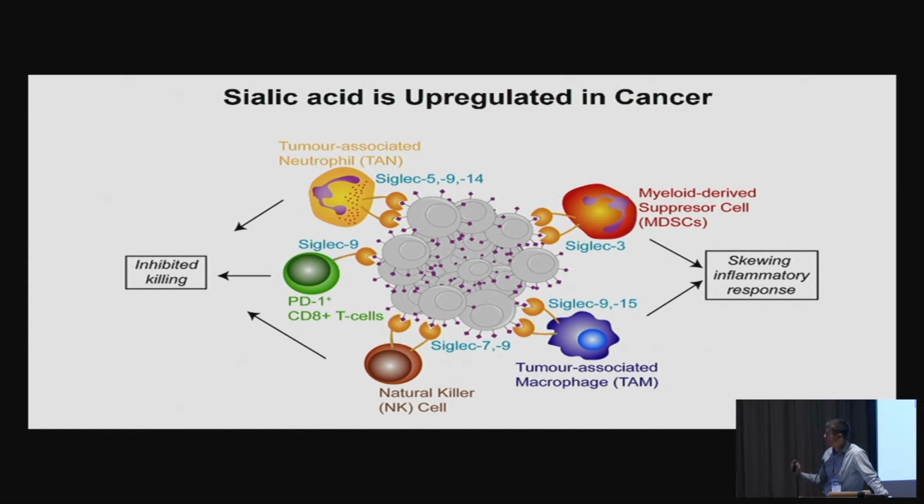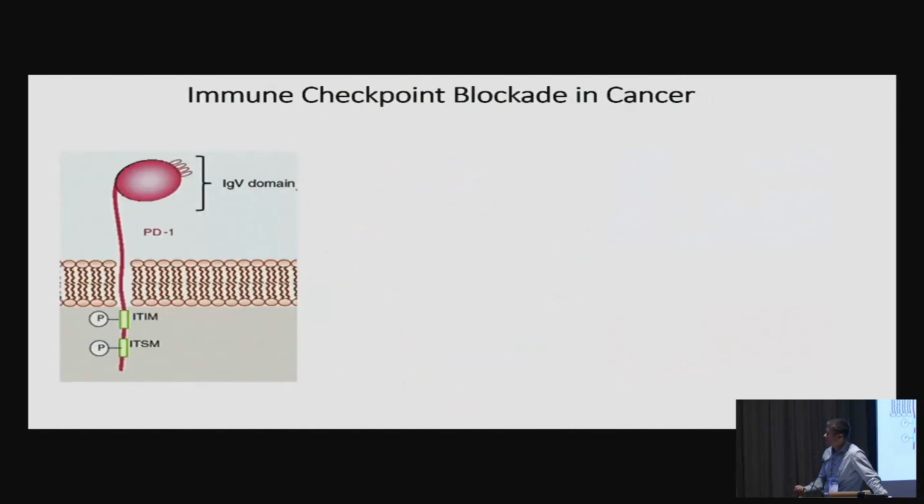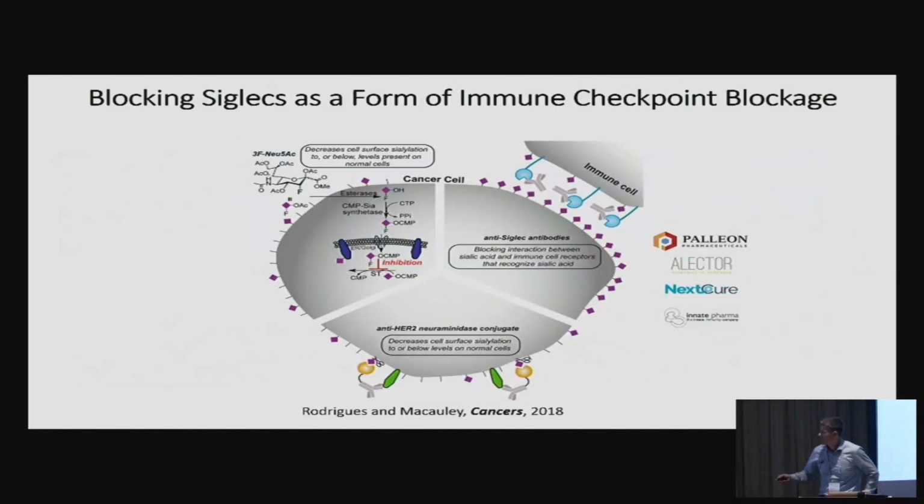So very, very briefly, I'll just breeze through this. Cancer upregulates sialic acid on the surface. Siglecs are exploiting that, suppressing immune cells, and there's been a lot of activity in trying to block siglec glycan interactions.